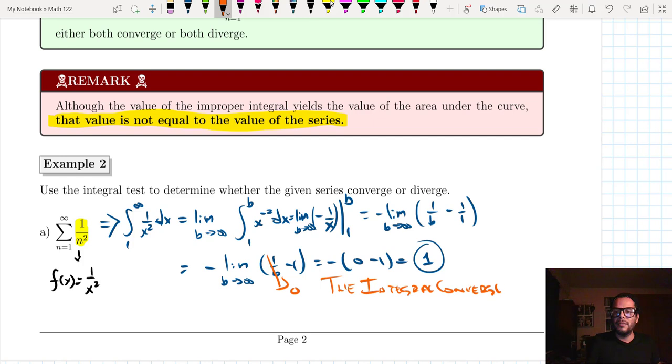Then the series also converges. Okay, so that's what we get in this case.